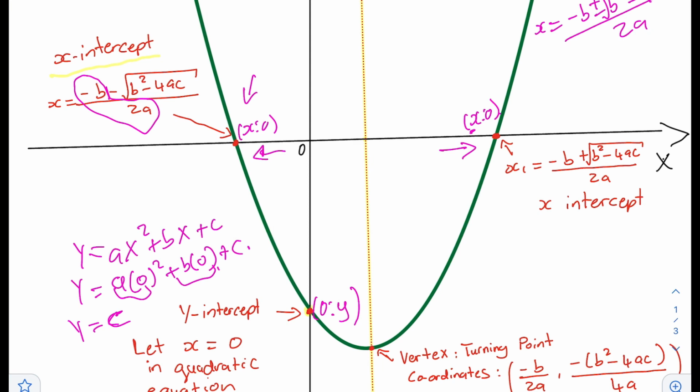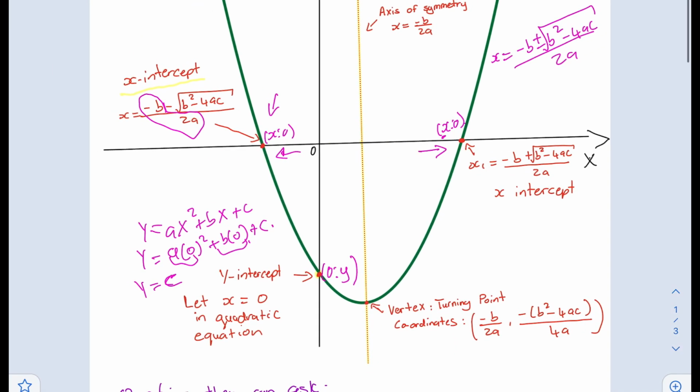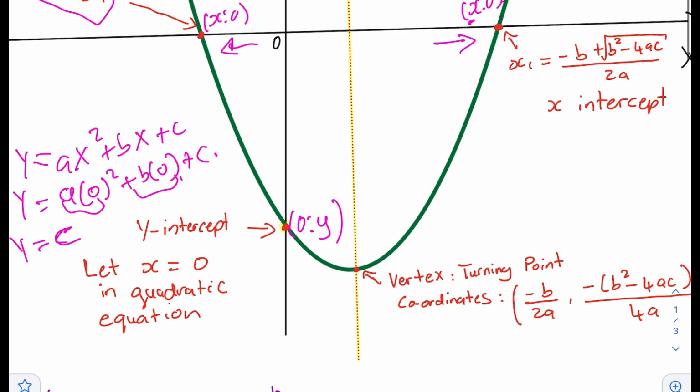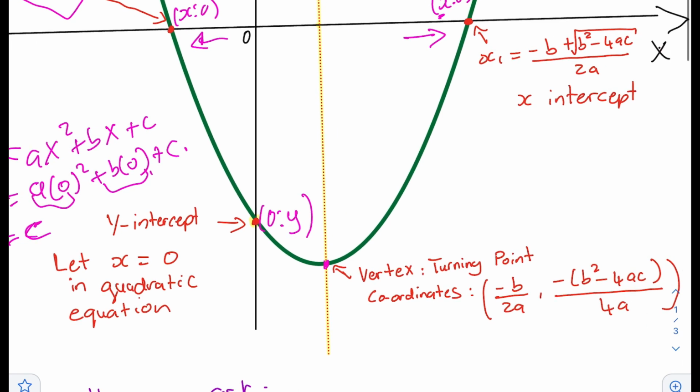So basically, it is there in your exam sheet to understand where the axis of symmetry is, or what the x coordinate is of the turning point. So the x coordinate of the turning point over here is equals to negative b over 2a. And then the y coordinate is negative brackets b squared minus 4ac over 4a.